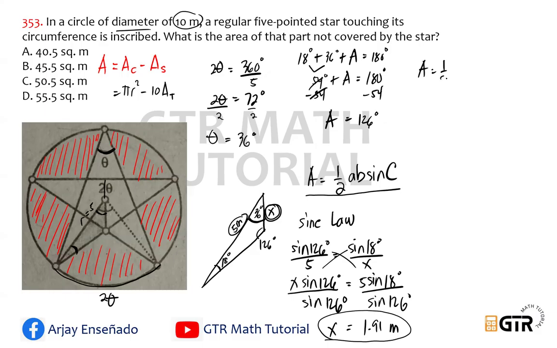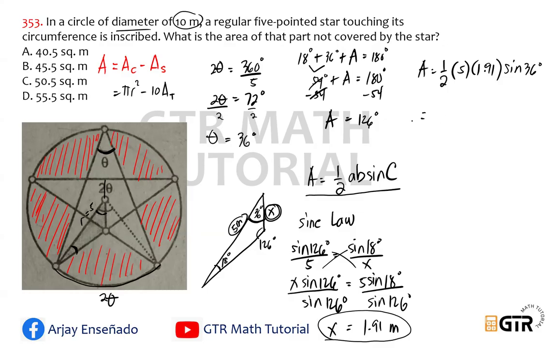Area is equal to 1/2. The values of A and B are 5 and 1.91. So 5 times 1.91 and then multiplied by sine C, sine 36 degrees. Just type this on your calculator.